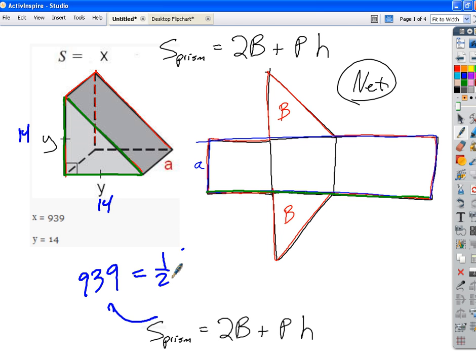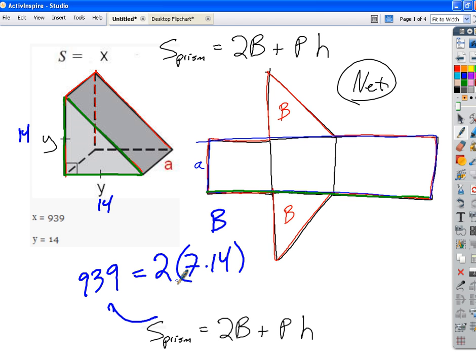We know 1/2 of 14 is 7, don't we? So we get 7 times 14 is what we were calling B. That's the area of one of the triangles. So I need a 2 out front, right? Are you with me so far?